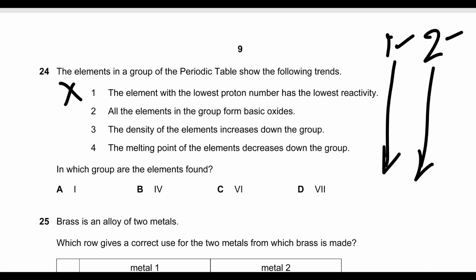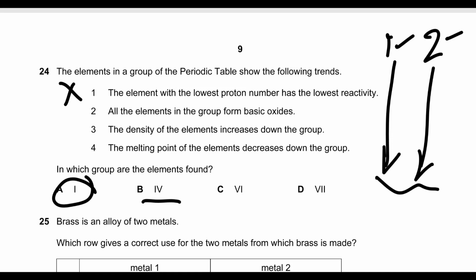The elements in the group form basic oxide. This also applies to both of them. Sodium oxide is a basic oxide. Magnesium oxide is a basic oxide. From the options, you don't have both of them. You only have group number 1.